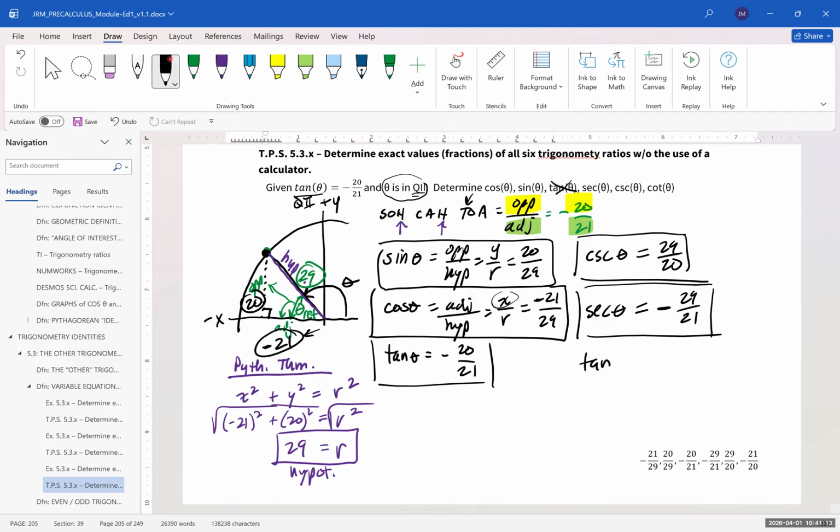And then tangent, keep the negative, and just flip numerator and denominator. Oops, sorry, cotangent is the reciprocal of tangent.